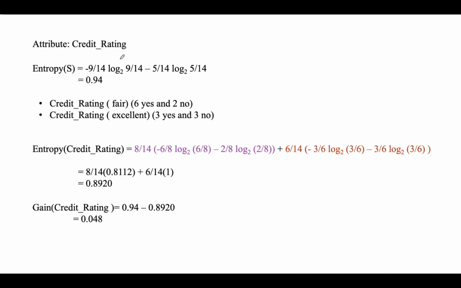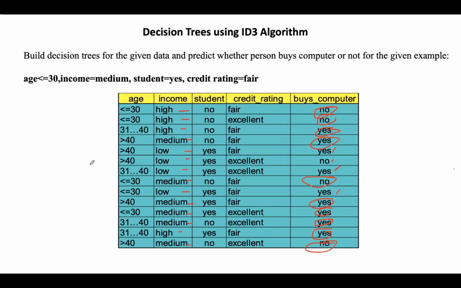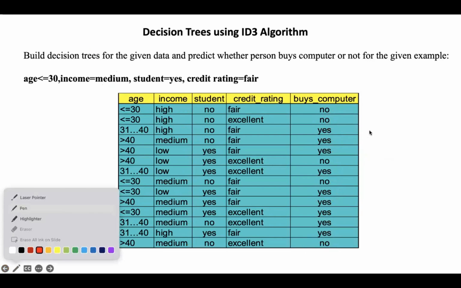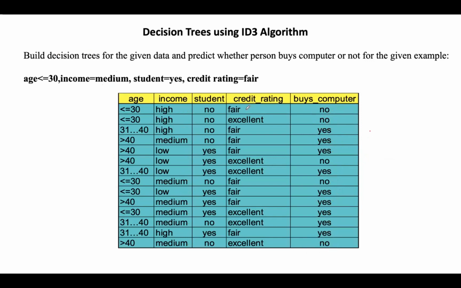Now take credit rating. We have 2 categories in the data set for credit rating: fair and excellent. So this value remains the same. Find the number of yes and no's in fair and excellent. Let us move to the data set. Credit rating fair: 1, 2, 3, 4, 5, 6, 7, 8.